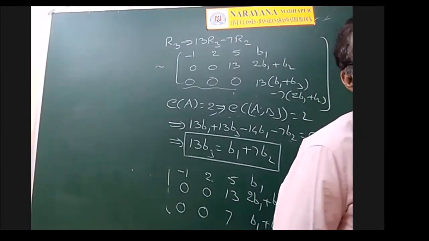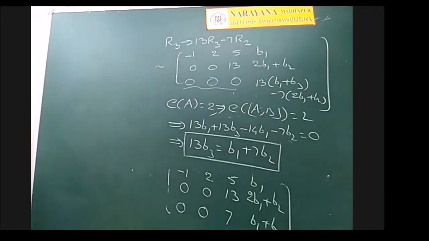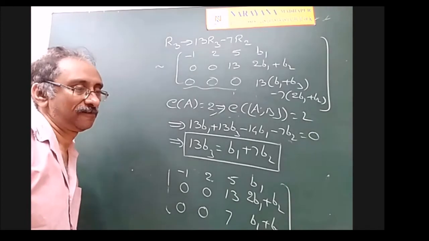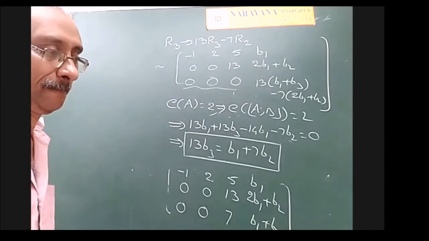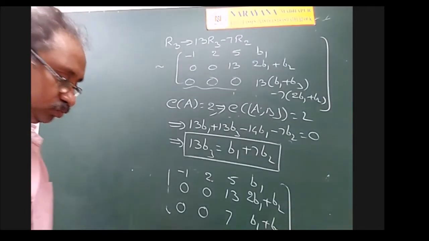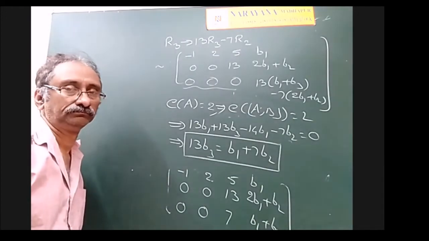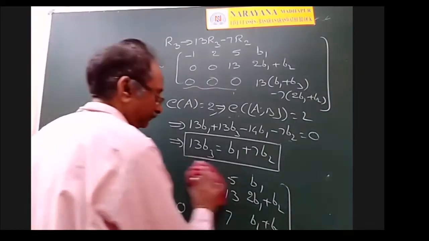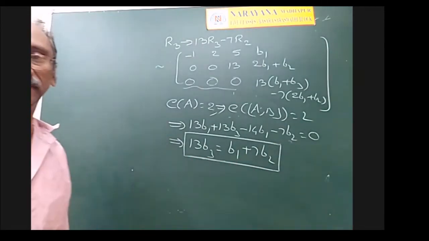Now we haven't started the options yet. Now we have to see the options. Remember, whenever the infinite solution case exists, b1, b2, b3 satisfy this equation.